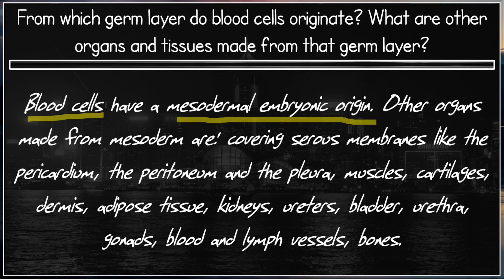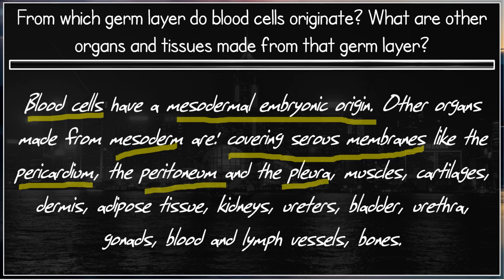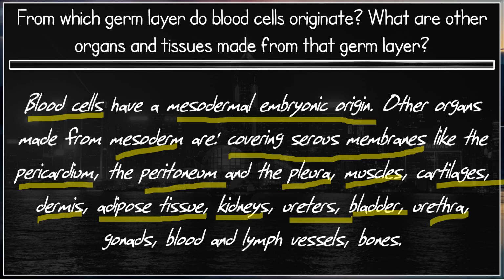Other organs made from mesoderm are the covering cellular membranes, like the pericardium, peritoneum, and pleura. Muscles, cartilages, dermis, kidneys, ureter, bladder, urethra, gonads, blood and lymph vessels, and bones.